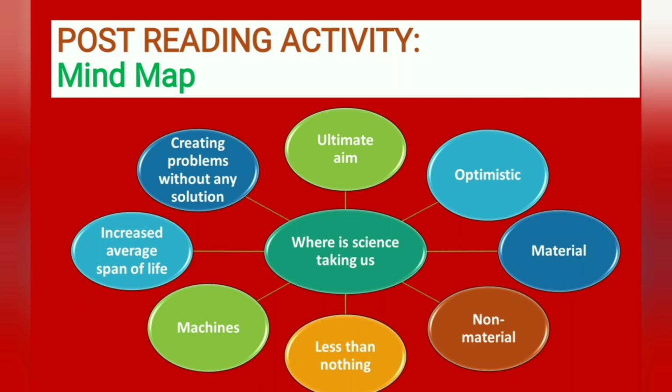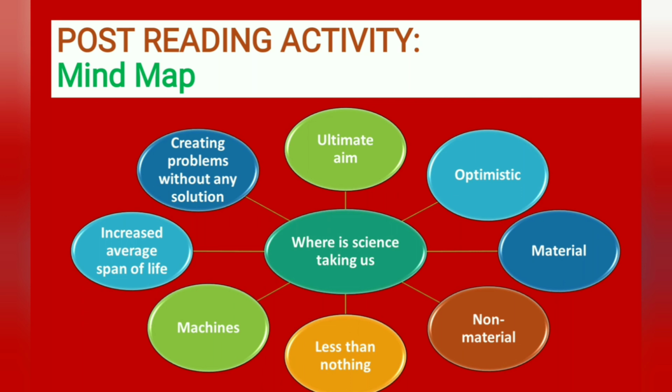So, according to the author, science has just benefited us with regard to material things only. It has done less than nothing in case of non-material things like charity, tolerance, justice, mercy, etc. Science has provided humans machines, and man can do even the impossible with the help of these machines.